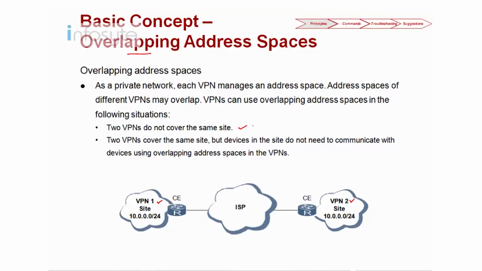But how do they distinguish when I have two different VPN sites using the same IP addresses? In MPLS VPN, they use the VRF to distinguish different customers. When I create the VRF, I create VRF routing tables.